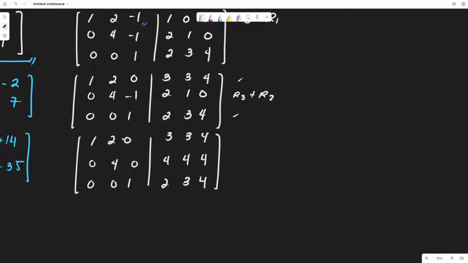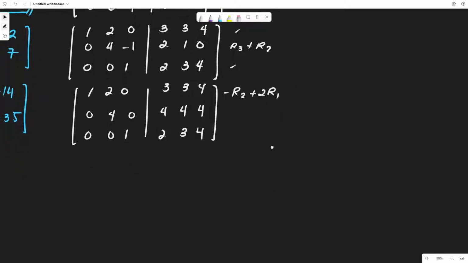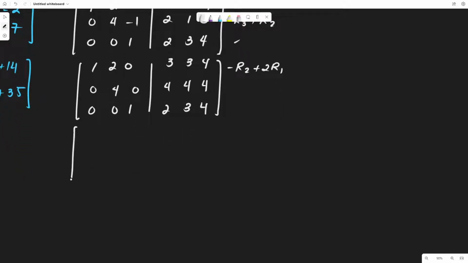Then lastly, this one. What we can do is negative R2 plus 2R1. Pwede yan. So, we have here negative 0 plus 2. 2 times 1 is 2.